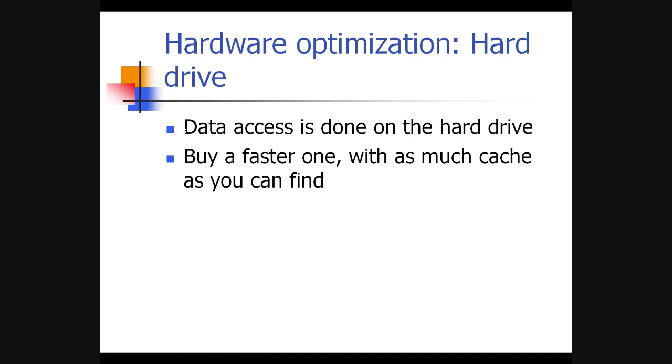So buy a faster one which has as much cache as you can find, and don't just rely on the characteristics. Look at the tests that have been done out there by comparison, and find out which one is really faster in your case. If you are doing 99% of the time reads on the disk, you want a hard drive with as fast a read system as you can.